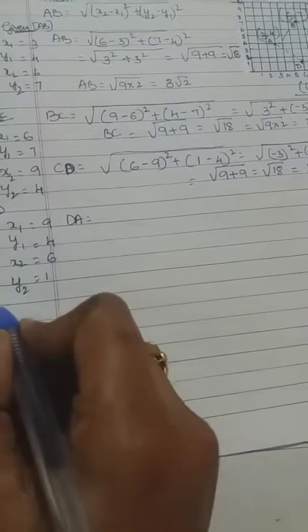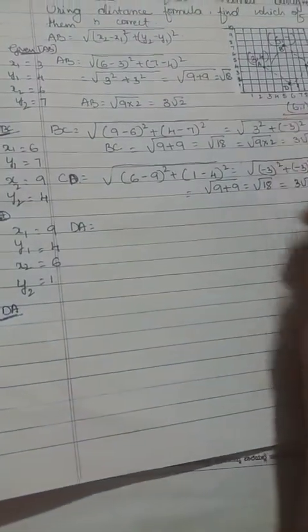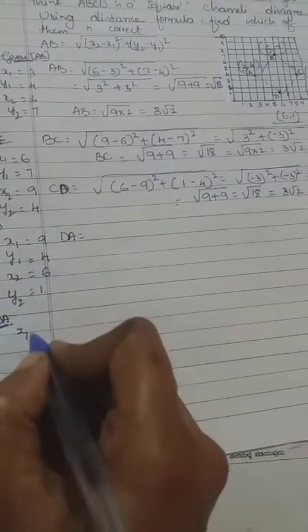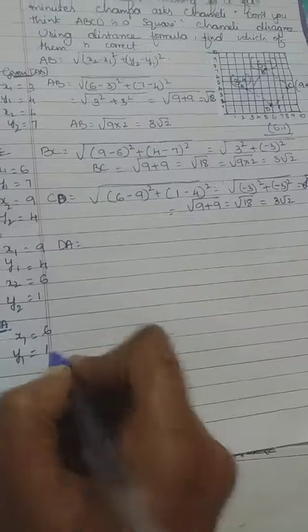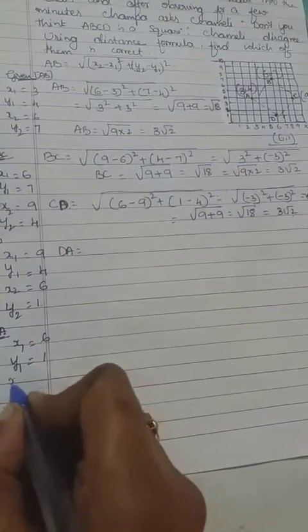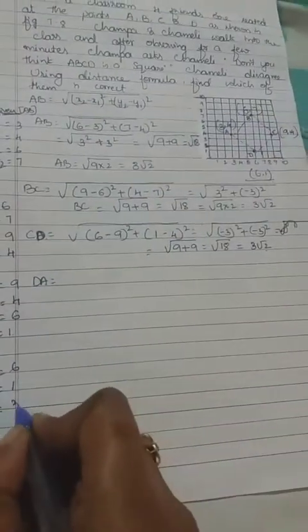So this is the given for DA. D we want to take first, that is 6 comma 1, x1 y1, x1 is 6, y1 is 1, then x2 y2 in A is 3 comma 4, x2 is 3, y2 is 4.